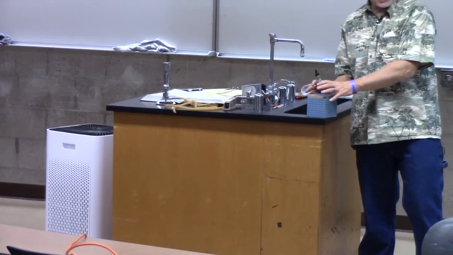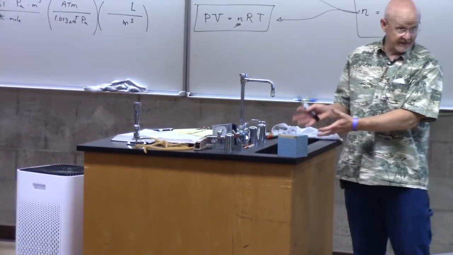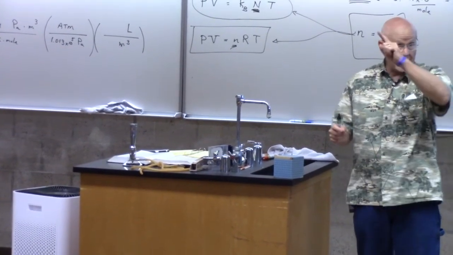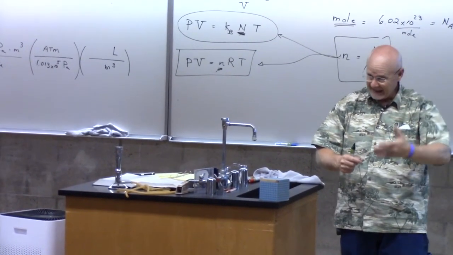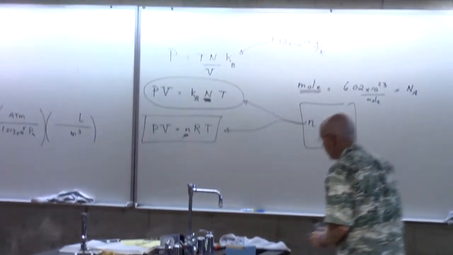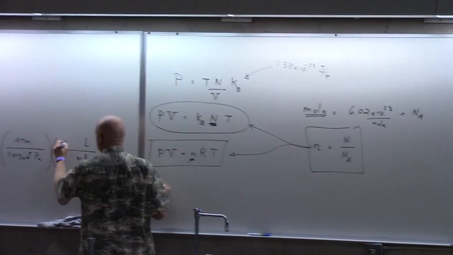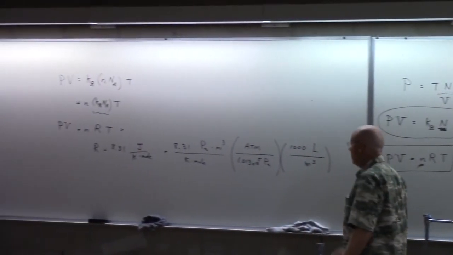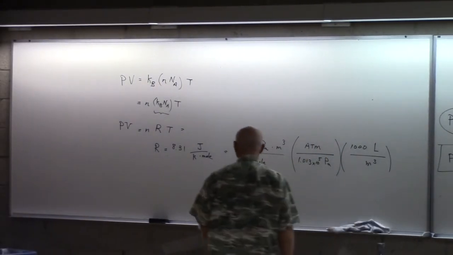So this box, there would be 1,000 of these boxes in here, right? It would be 10 by 10 by 10. And so there must be 1,000 liters in 1 cubic meter.